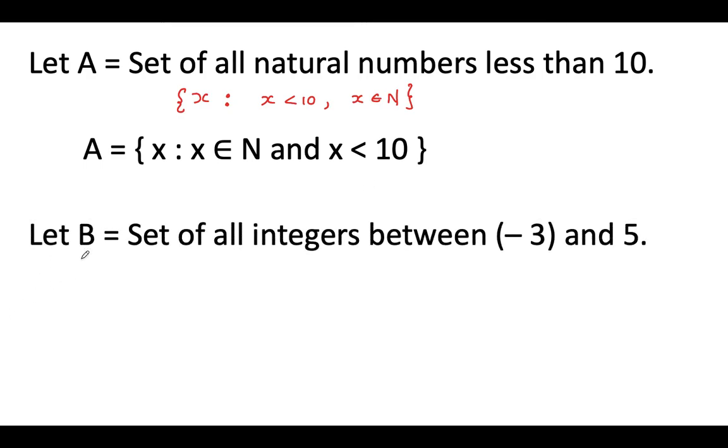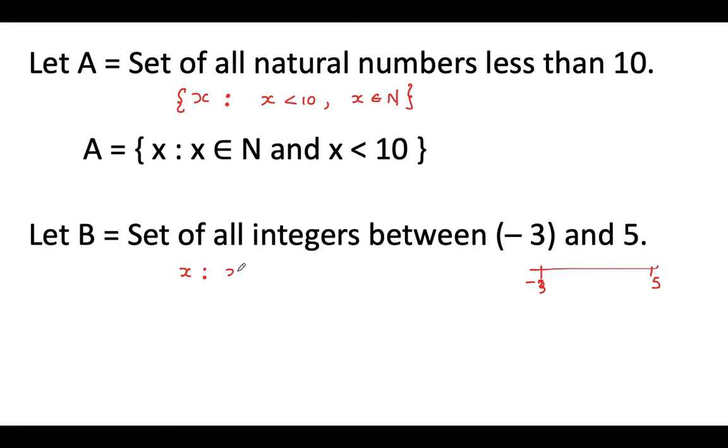I have a set B which is the set of all integers between -3 and 5. If I assume this is a number line, this is -3 and say this is +5. All the elements between -3 and 5 must be the elements of my set. How can I write this in the form of set builder notation? Let me start with a lowercase letter, say x such that, what is the condition?